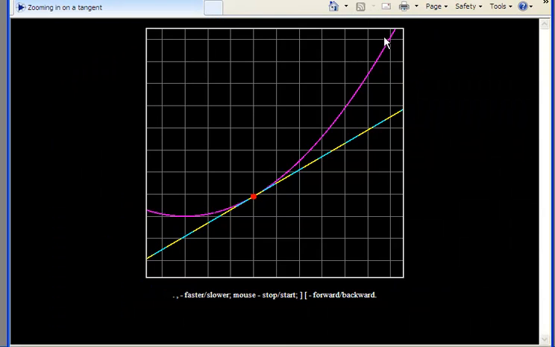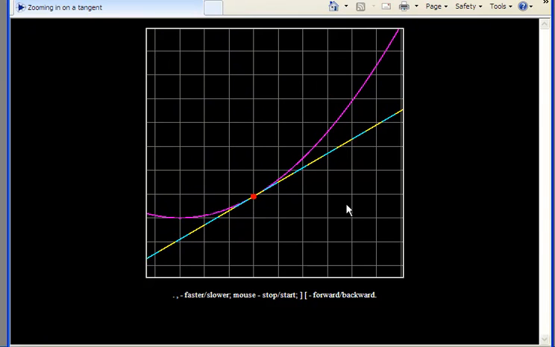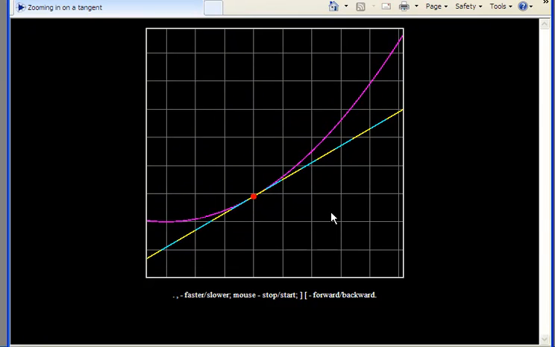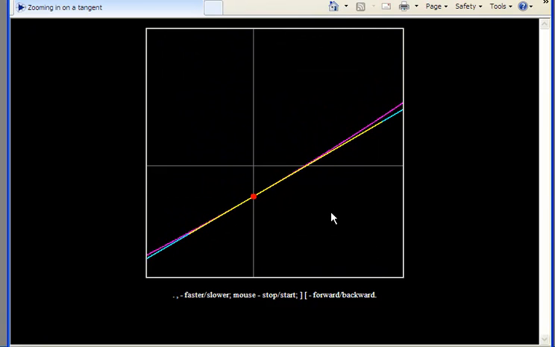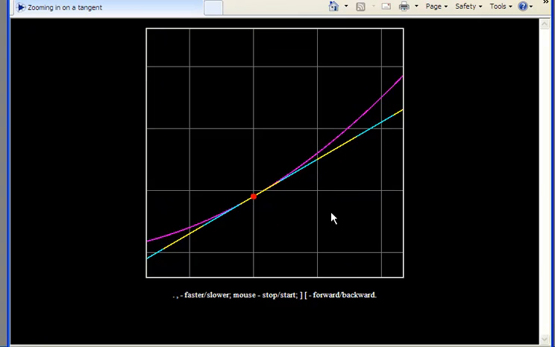So here's our curve. Our function is in purple, and this tangent line you can see is in blue and yellow. And when I click on this graph, it's going to show us the graph zooming in and zooming out. So if I click, you can see that the graph is zooming in, zooming in, zooming in. And what's happening between that purple curve and that tangent line?